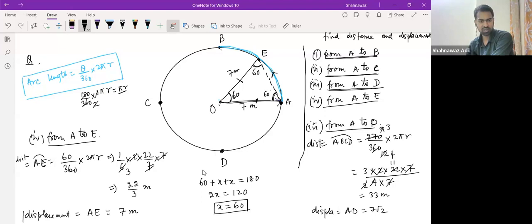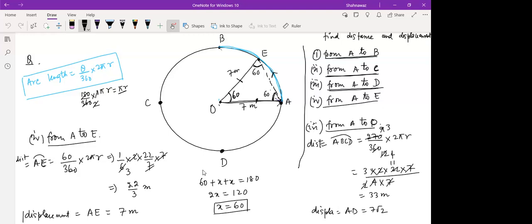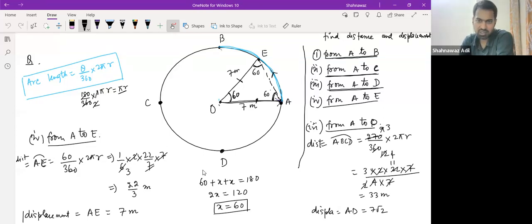Please note it down, and then we will do one more question. The speed, average speed and instantaneous speed I will talk about in the next class. Yes, sir. So Afaf didn't come, and Akib also didn't come.